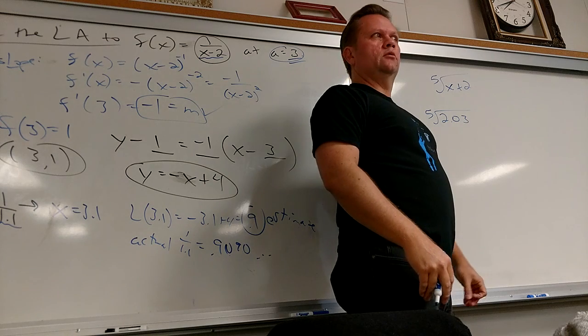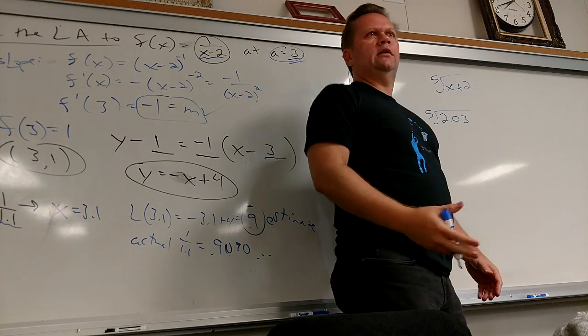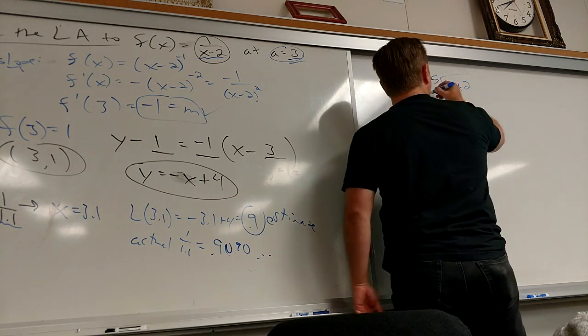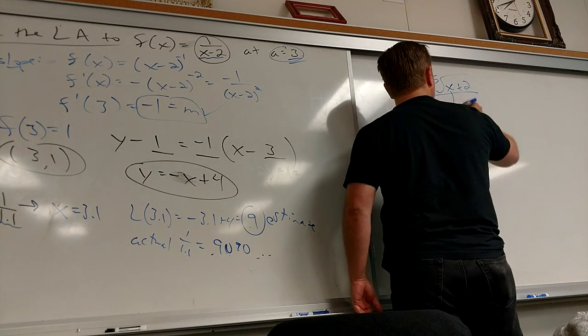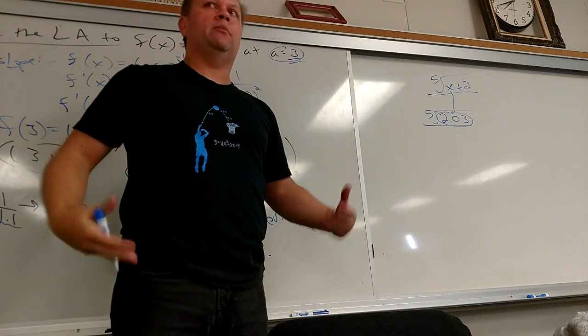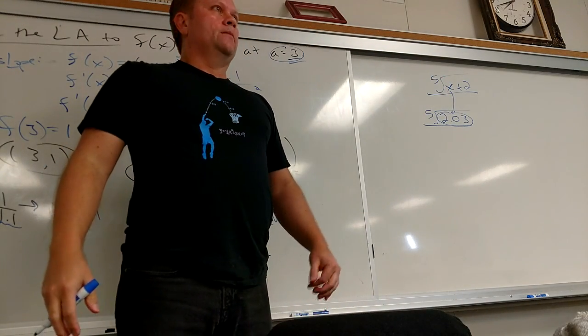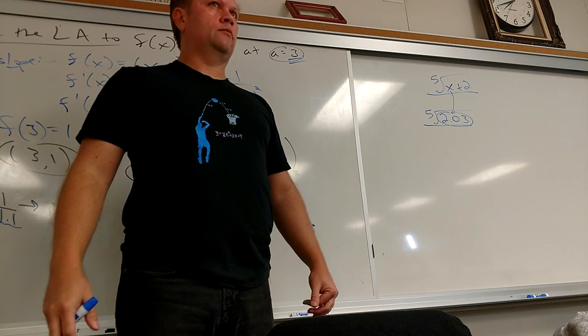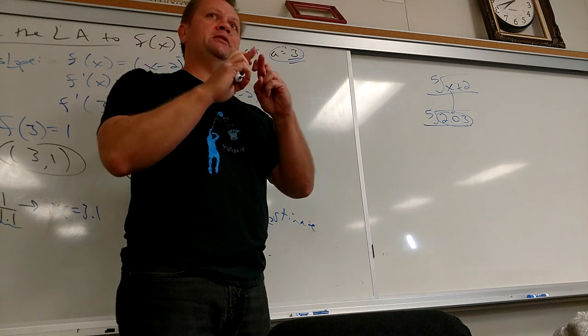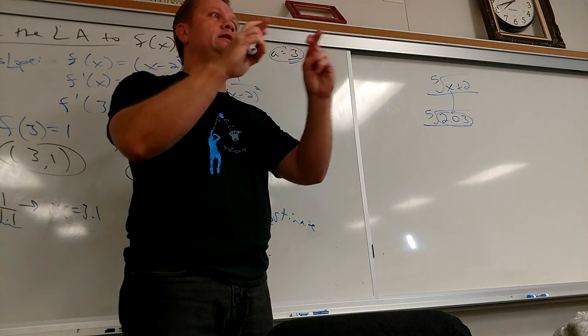Do you guys see that? That's it. If I'm trying to approximate a value and I've got a function, I can see what the x has to be to make that happen, and then that's the x value I'm going to use. Not that big of a deal.